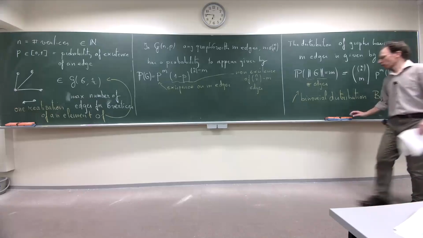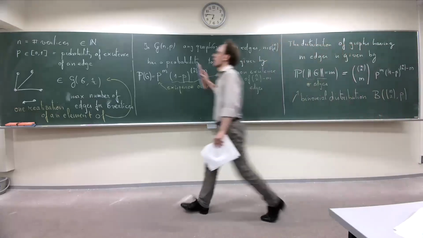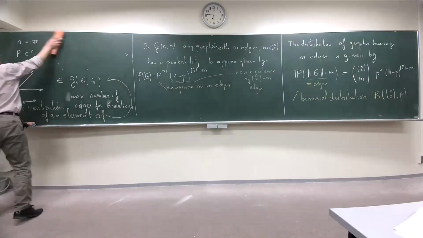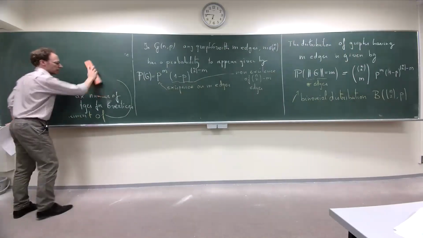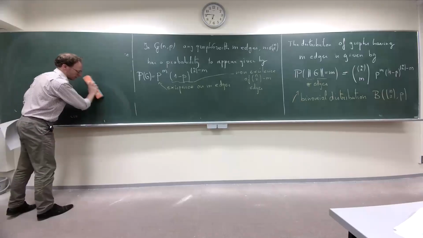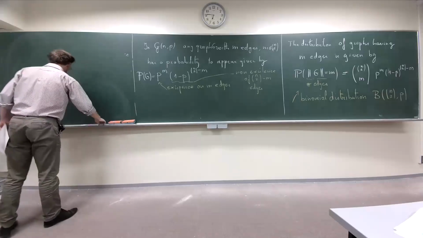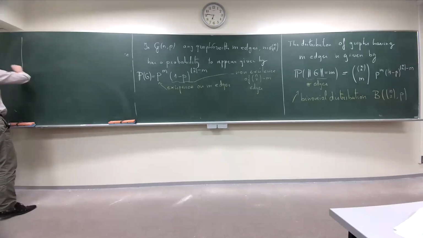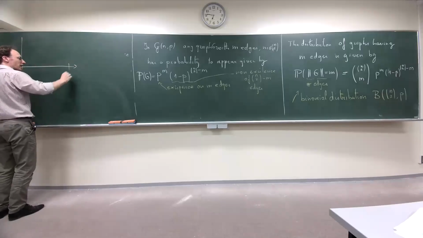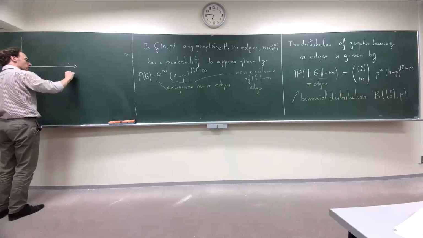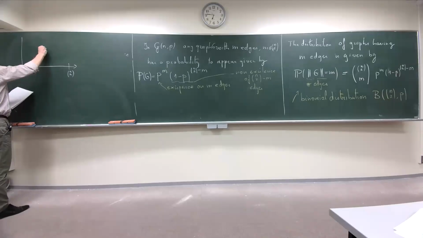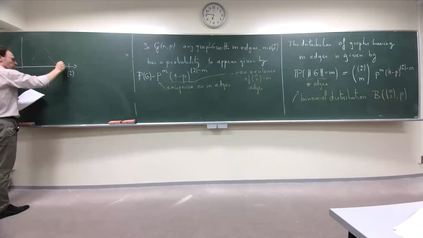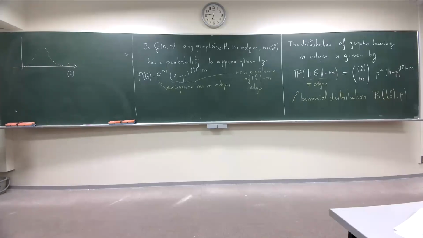And if you look at the plot of this, you just type binomial distribution in Wikipedia. You have a maximal number, which is n choose 2, and then the shape is something like this, maybe more symmetric.